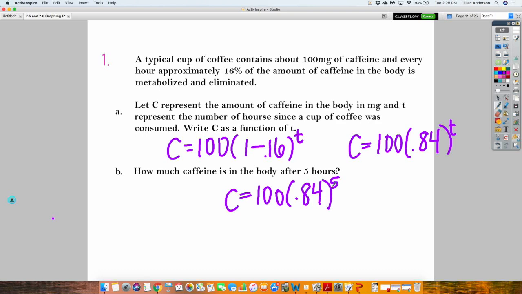That's why I asked you guys to get your calculators, because these types of problems are done using a calculator. So we type this in and figure out how much caffeine is in the body after 5 hours.